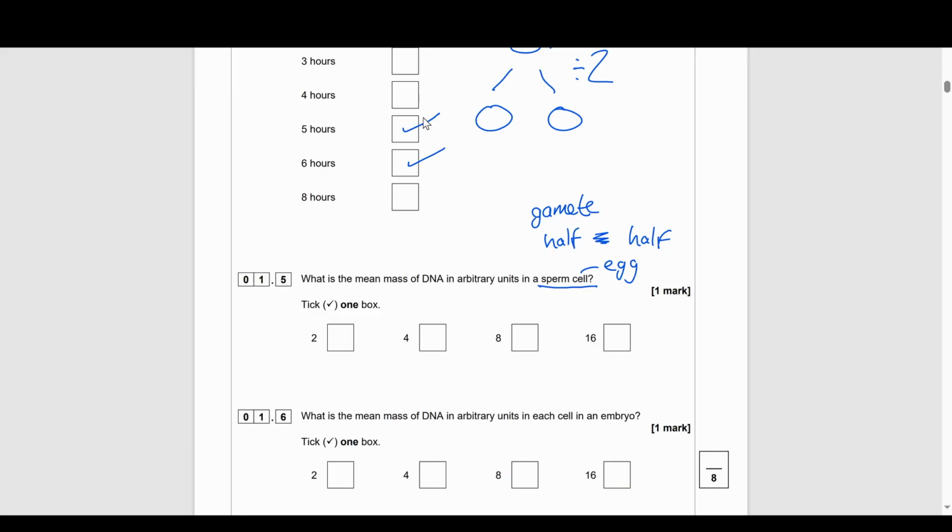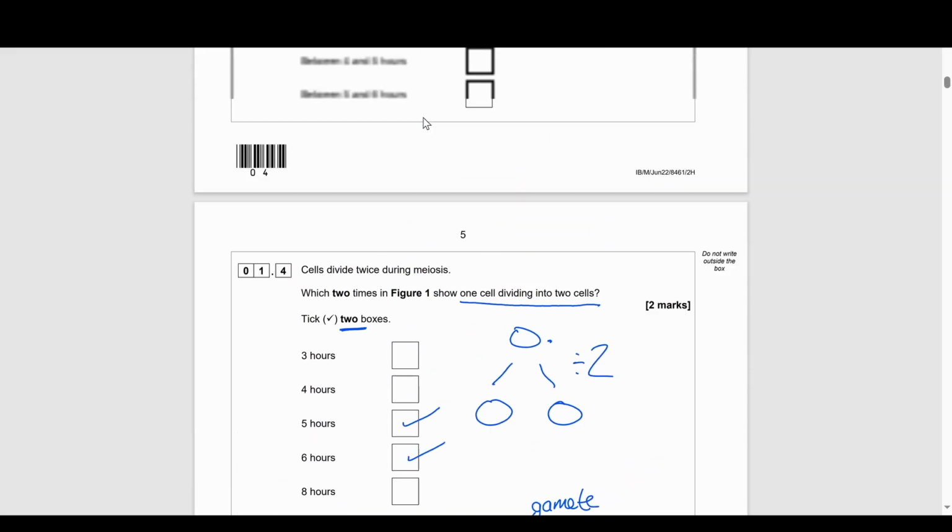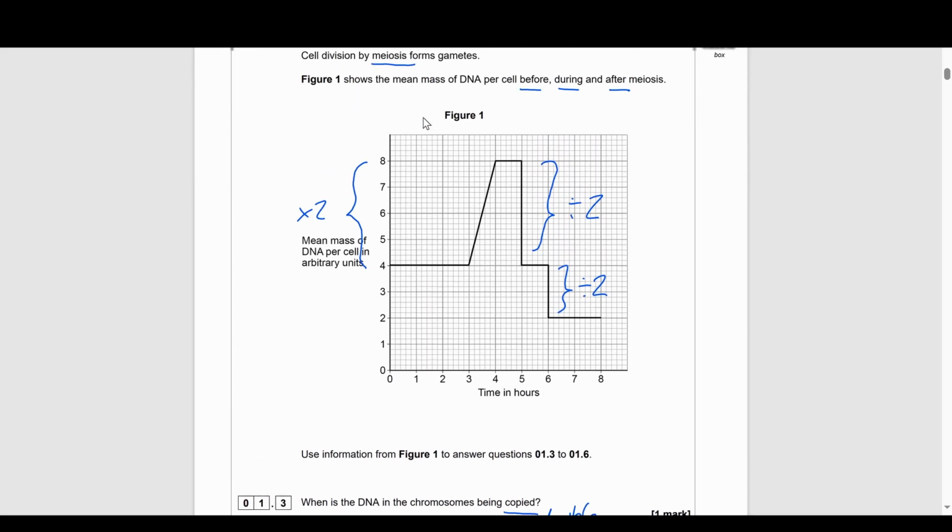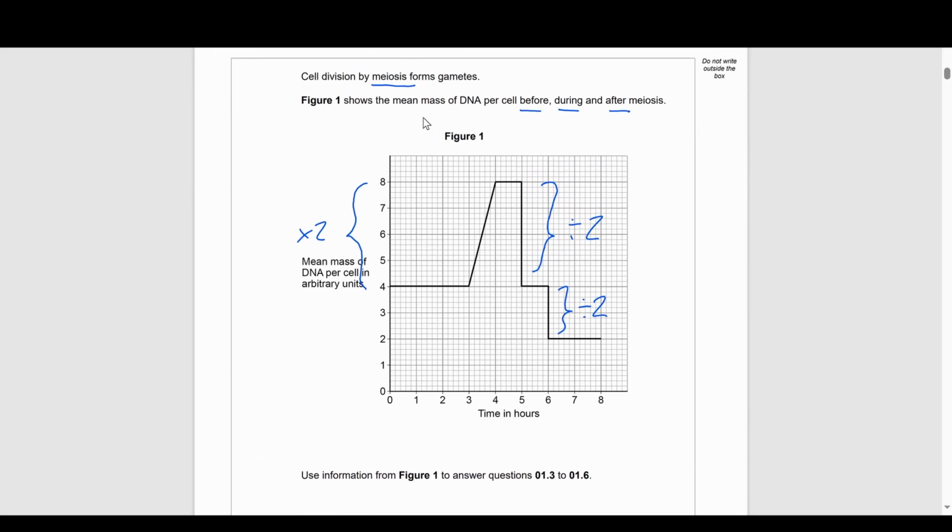So let's have a look back at our graph. When do we expect it to be at this half period? Well, we've got 2 times when it's half. But here is the thing now. In meiosis, it's 2 cell divisions that are occurring. So our meiosis would really be from 8 to 4 to 2.